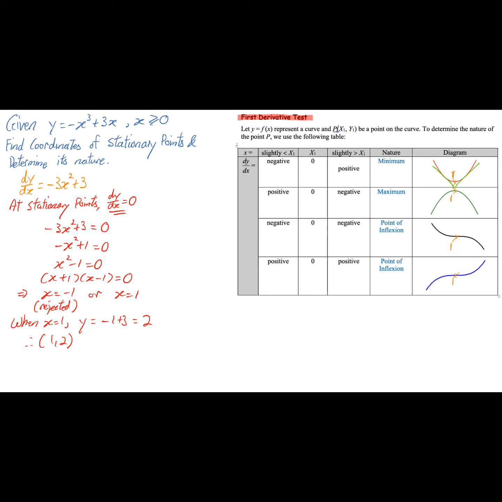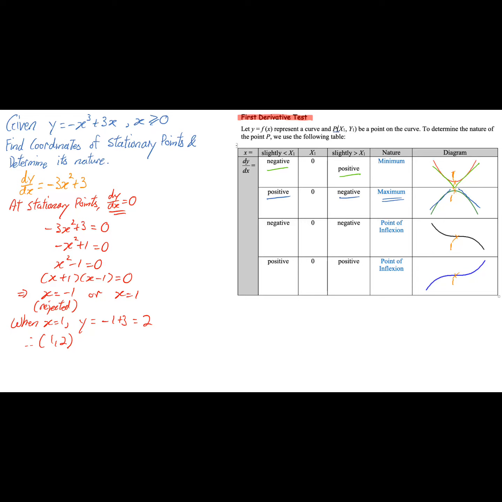When we substitute, we see that the gradient changes from negative to positive. We know that the nature is a minimum. Same thing, if a point to the left is positive and a point slightly to the right is negative, it's actually a maximum point.